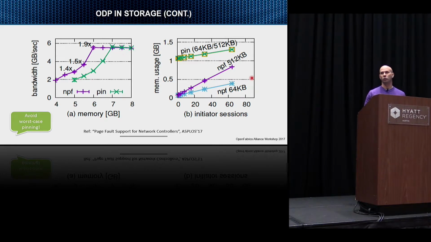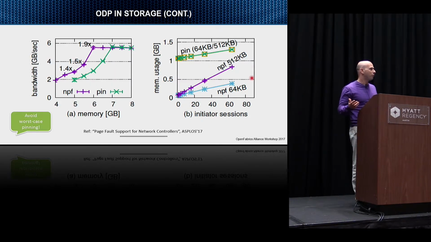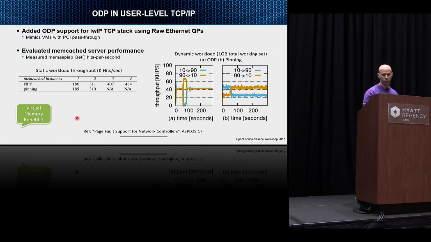I don't want to start controlling everybody and how they write their applications. I just want it to run with the same efficiency, using the same virtual memory optimizations that we already have. And this is the main takeaway here, right? By demand paging, we're avoiding the worst case pinning assumptions, and we let virtual memory do its work.